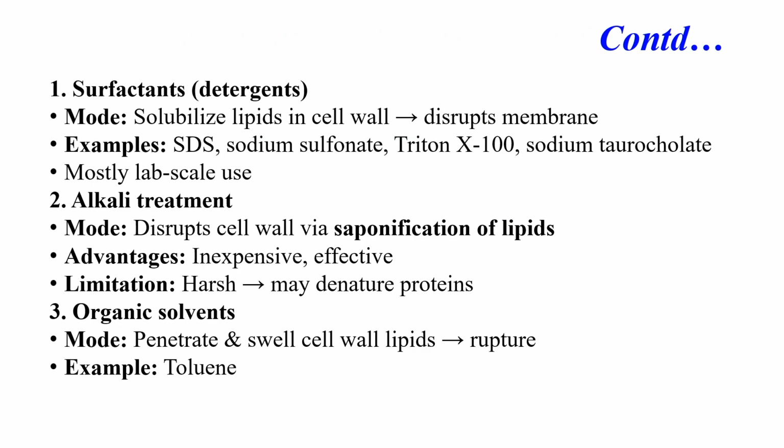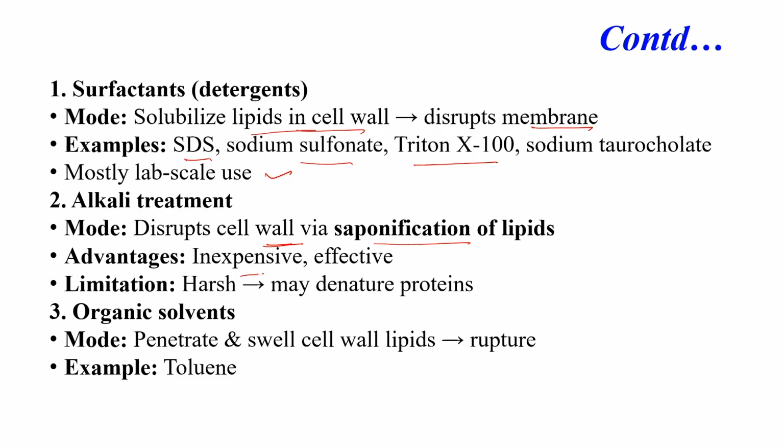So surfactant, how does it work? It solubilizes lipids in the cell wall, and in this way it disrupts the membrane. We can have SDS, sodium sulfonate, Triton X-100, and mostly it is applied for lab scale use. Alkali treatment can also be done; it disrupts the cell wall by saponification of the lipids.